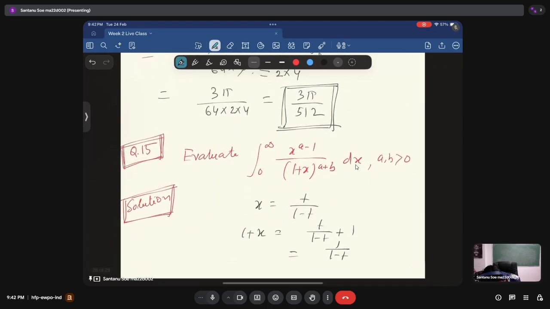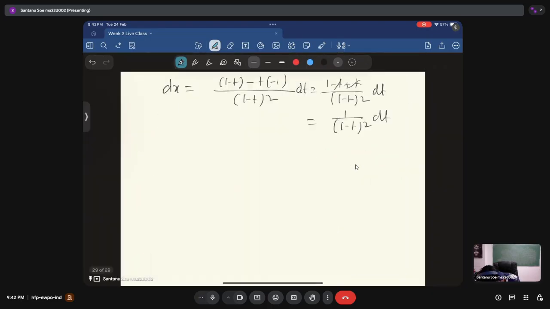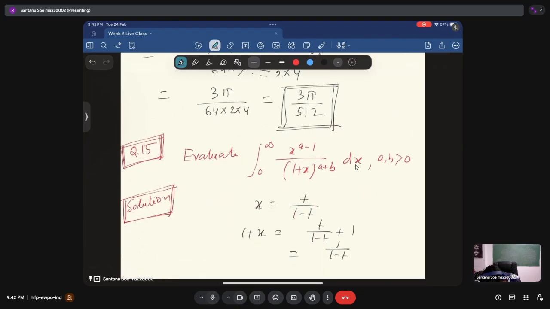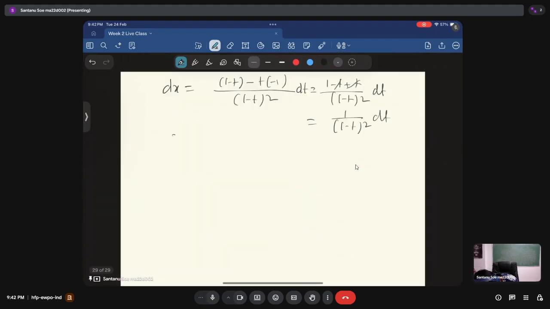Okay, so this integration. So now if you just put x equals to 0, so also x equals to t divided by 1 minus t. This is implying x into 1 minus t equals to t, or in other words t times 1 plus x equals to x, or t equals to x by 1 plus x.